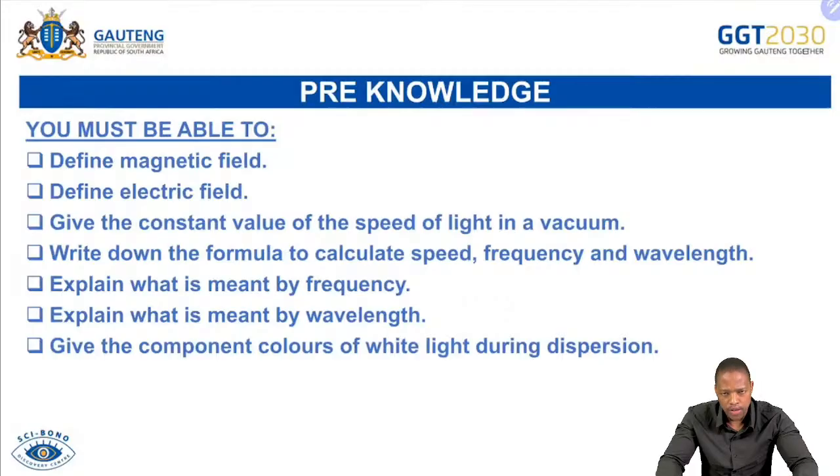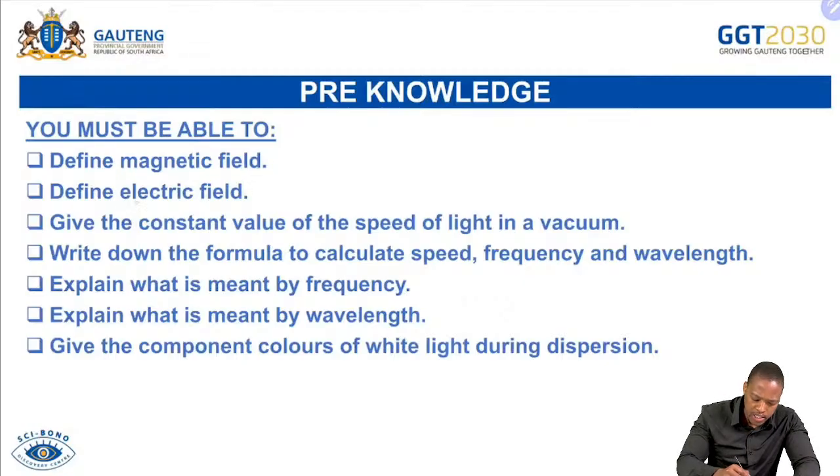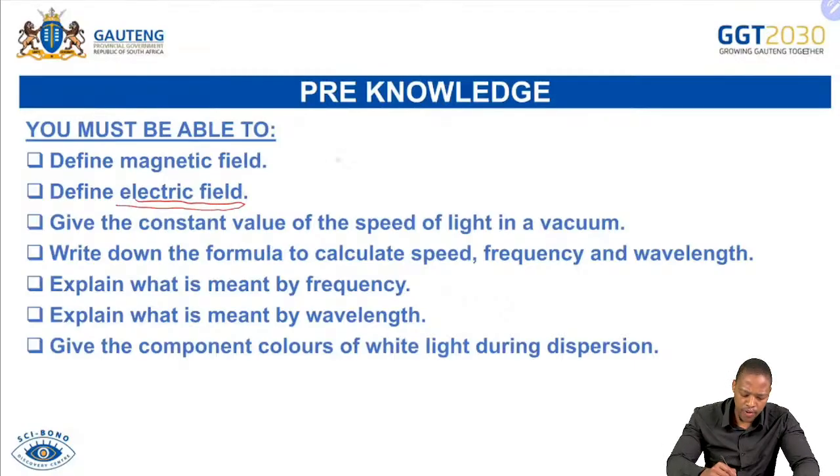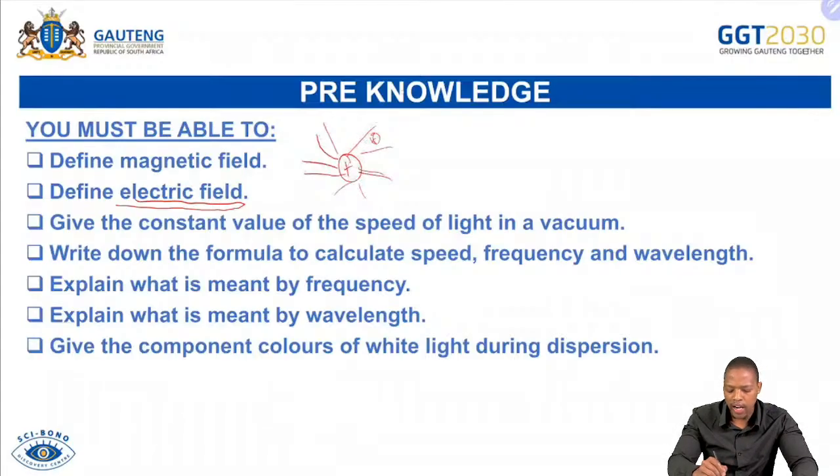to define a magnetic field. You will remember that we started with magnetism in grade 10, and then we looked at magnetism in grade 11 as well. We must be able to look at electric fields. You would remember that we looked at electric field in grade 11 where we were looking at a charge, either a positive charge or a negative charge, where we said it has a region in space where a point charge, a 0.1 coulomb positive point charge, could be used to test, that can either be repelled or attracted.